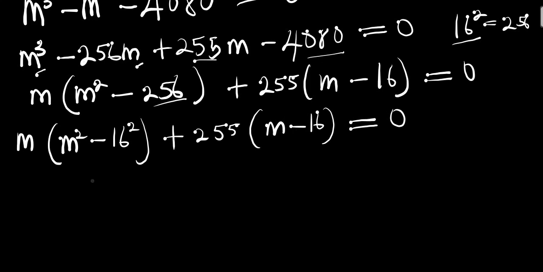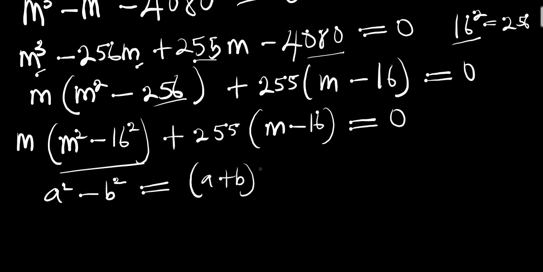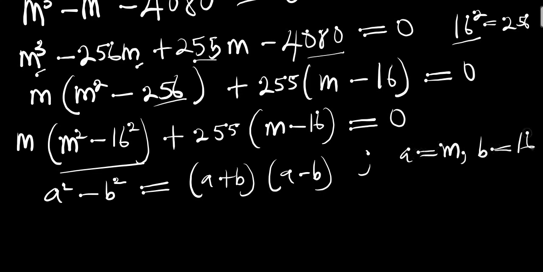What next? We can apply difference of two squares here. a squared minus b squared equals a plus b times a minus b. And in this case, a is equal to m, b is equal to 16.